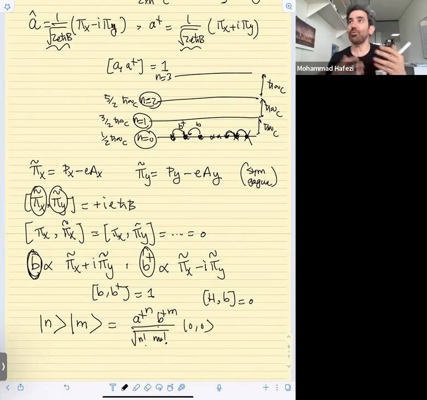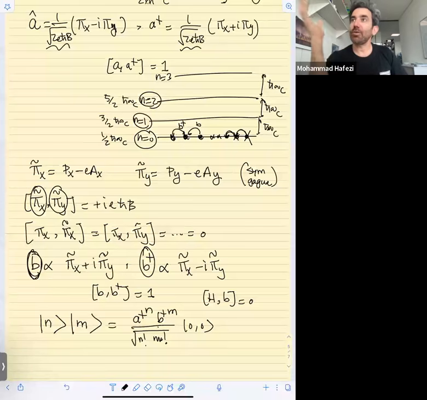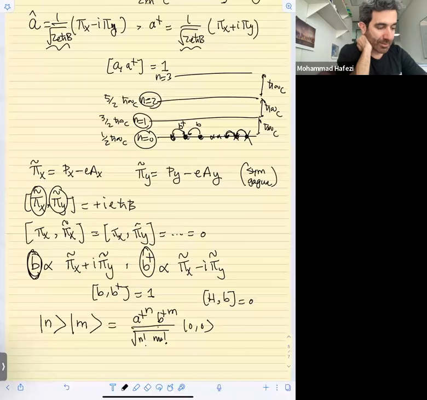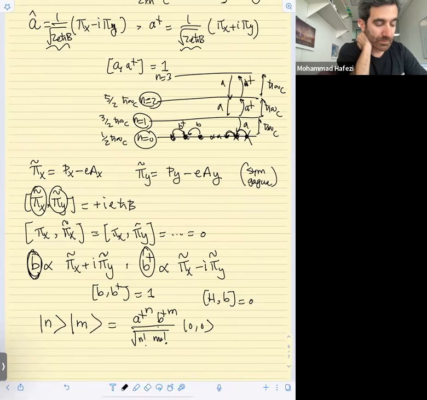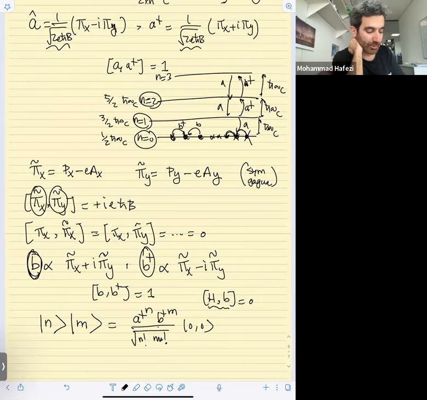I have not told you what the form of these wave functions is, but just knowing the harmonic oscillator, we realize that when I apply these A operators, it will change my energy by h bar omega c. And when I apply B, it doesn't change my energy because B operators commute with the Hamiltonian, but it would give me a different state.